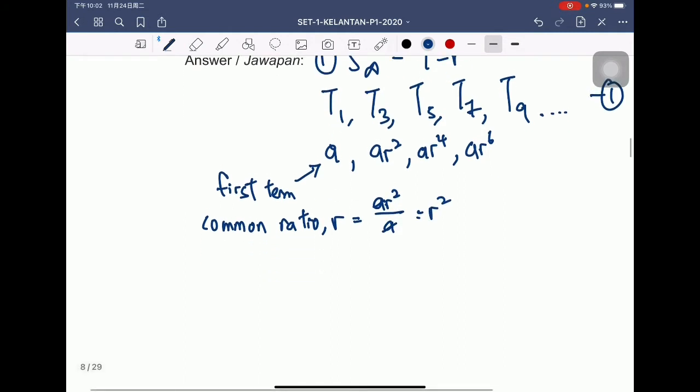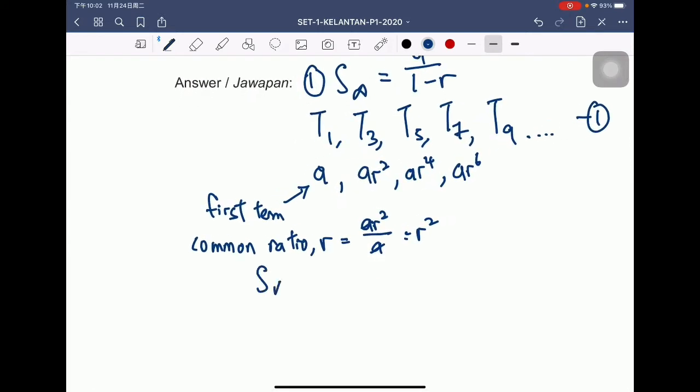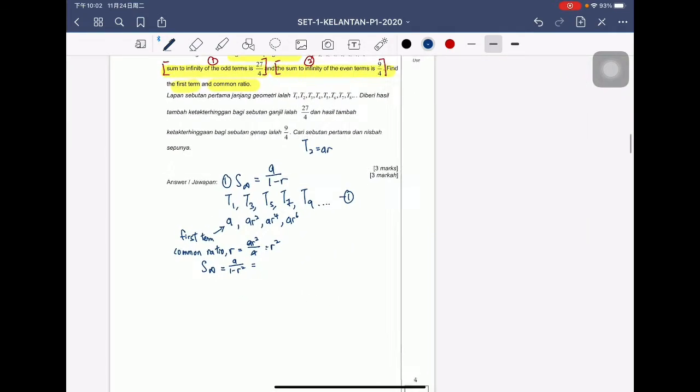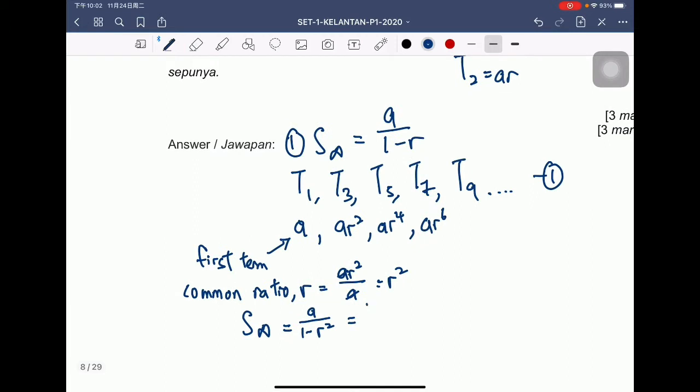So for the first equation, S infinity equals a over 1 minus r squared, which equals 27/4. So this is our first equation.